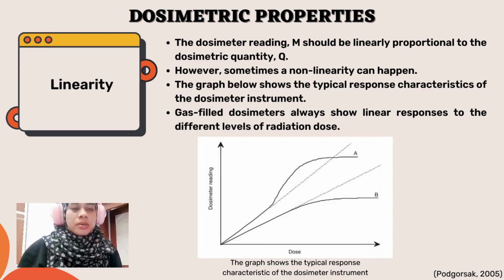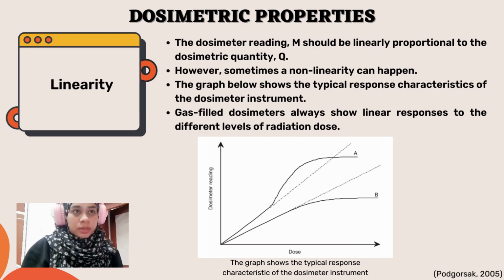Third, linearity. As we can see from the graph here, the higher the dose, the dosimeter reading also increases. So the dosimeter reading should be linearly proportional to the dosimetric quantity. However, sometimes non-linearity can happen.